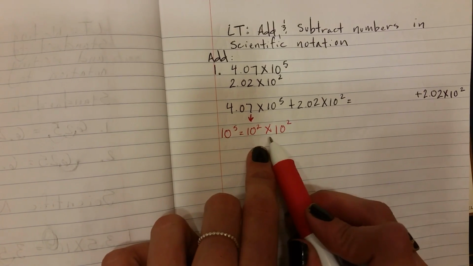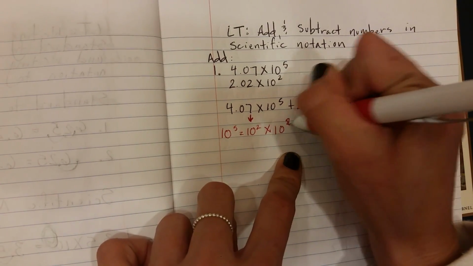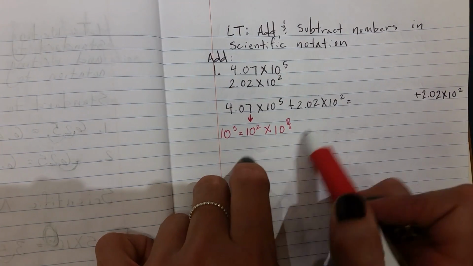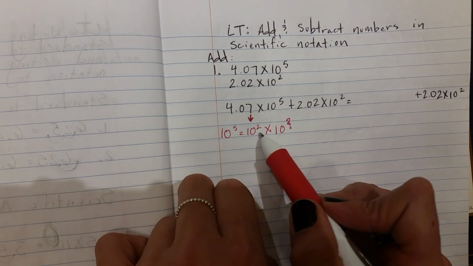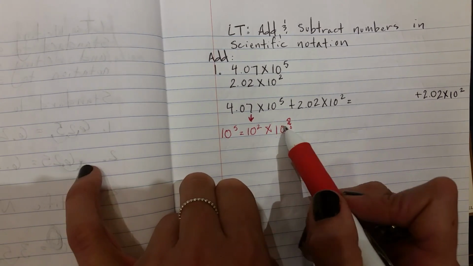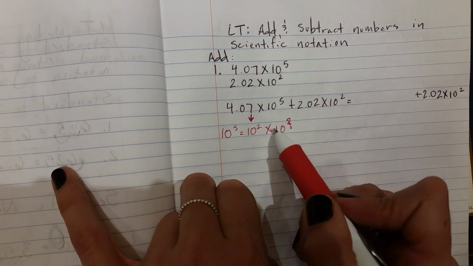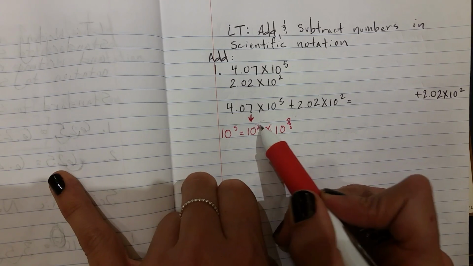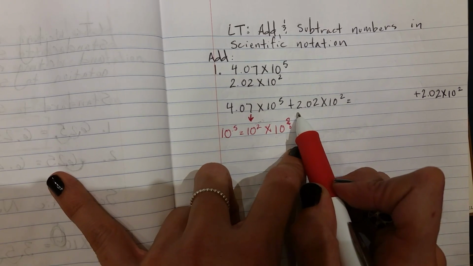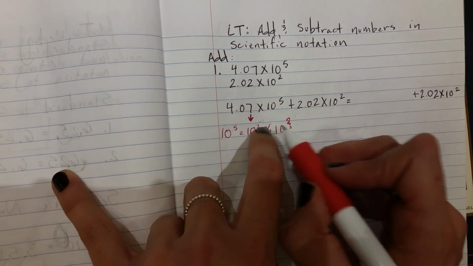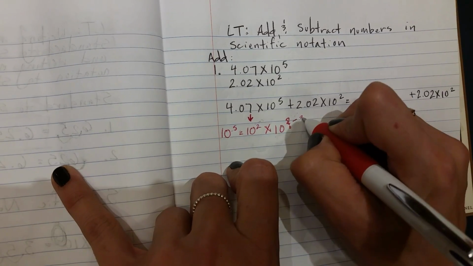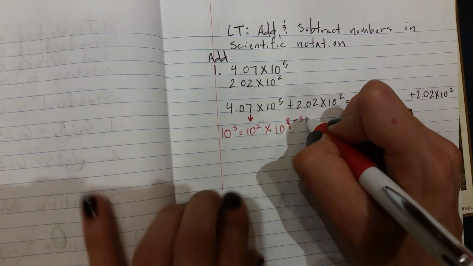Now I know that if I see multiplication of my bases, I need to add my exponent. So what exponent do I need to add to the exponent of 2 in order to get to 5? 2 plus 2 does not equal 5. 3 plus 2? Yeah, 3 plus 2 equals 5. All right, so I've got my 3 here.